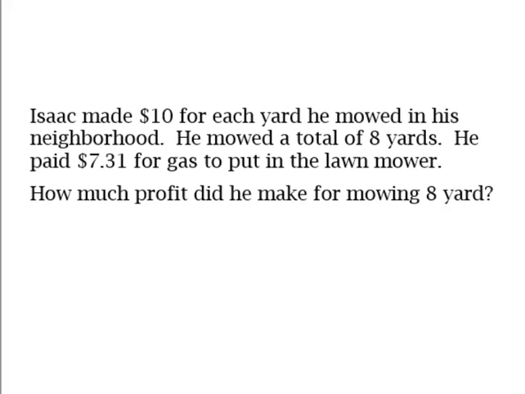He paid $7.31 for gas to put in the lawnmower. How much profit did he make for mowing 8 yards? Okay, we know that Isaac made $10 for each yard that he mowed. He mowed 8 yards, and he also paid $7.31 for gas.